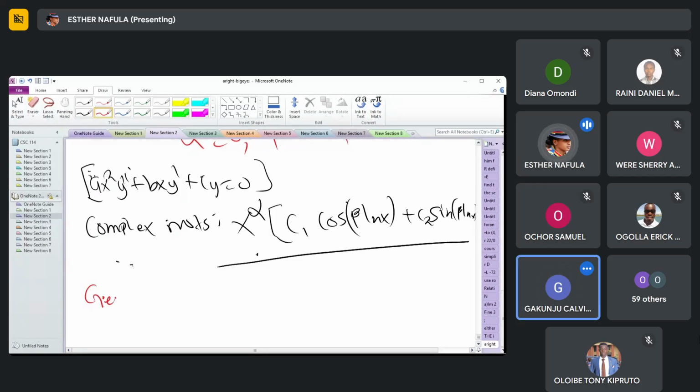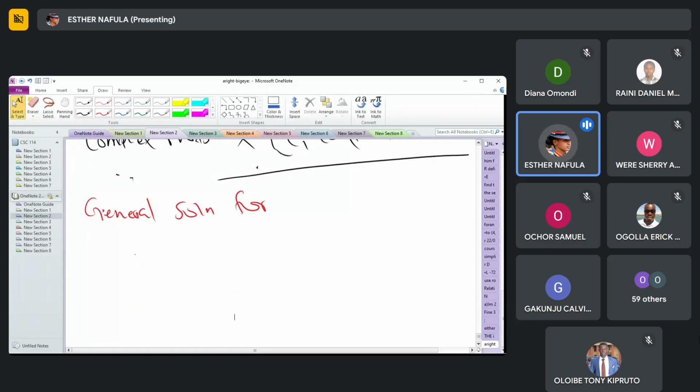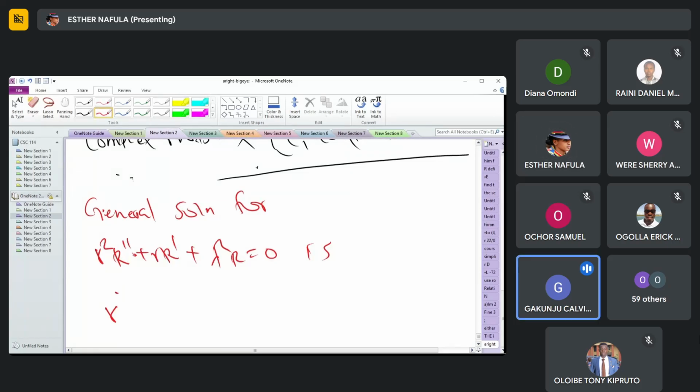So the general solution, let me just write this before you tell me. R squared R double prime plus R prime plus lambda squared R equals 0 is r to the power 0 in brackets, C5 cos lambda ln r plus C6 sin lambda ln r.